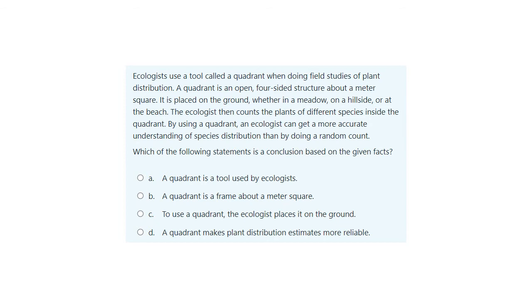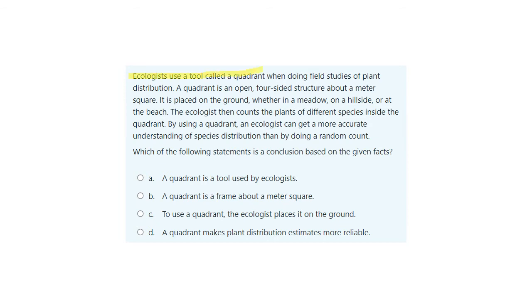A quadrant is a tool used by ecologists. A quadrant is a frame about a meter square. To use a quadrant, the ecologist places it on the ground. A quadrant makes the plant distribution estimates more reliable. So ecologists use a tool called a quadrant.